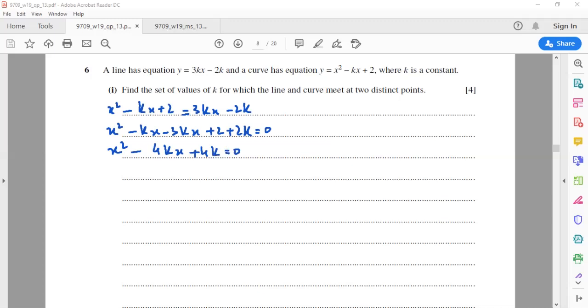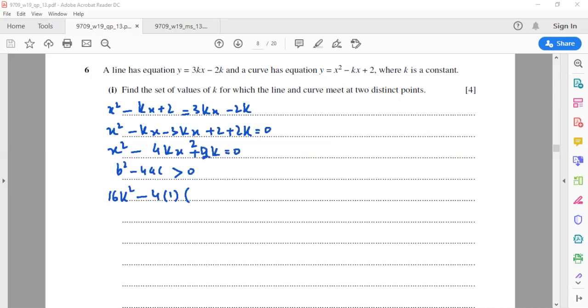Since it is meeting at two distinct points, b square minus 4ac is greater than 0. So there it is b, minus 4k. So minus 4k squared is going to be 16k squared minus 4 into 1 into, sorry, this is 2 plus 2k, so it won't make 4k. So it's 2 plus 2k as it is.